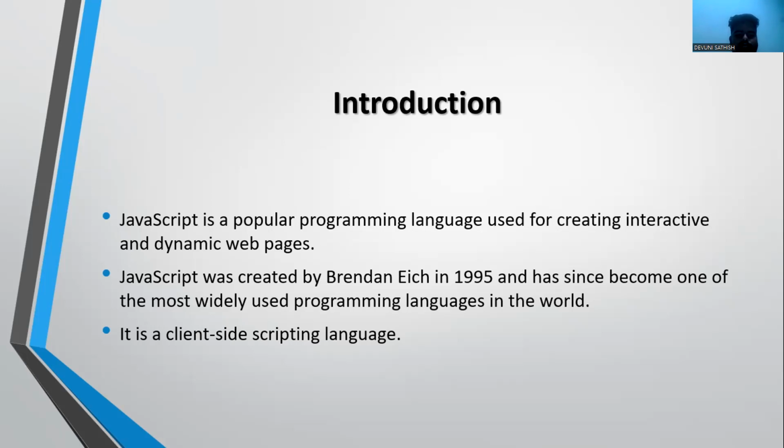It was developed by Brendan Eich in 1995 and has become the most widely used programming language in the world. It is a client-side scripting language, which means it runs on the user's web browser rather than on the server hosting websites. JavaScript is primarily used to add interactivity to web pages, such as creating animations, validating forms, and responding to user actions.